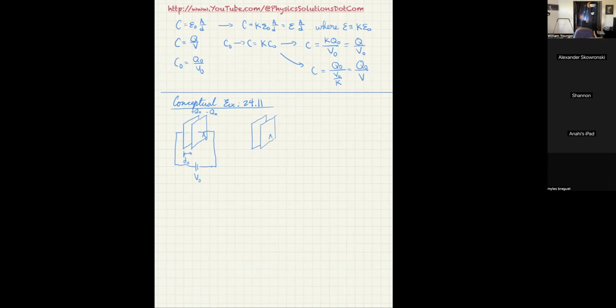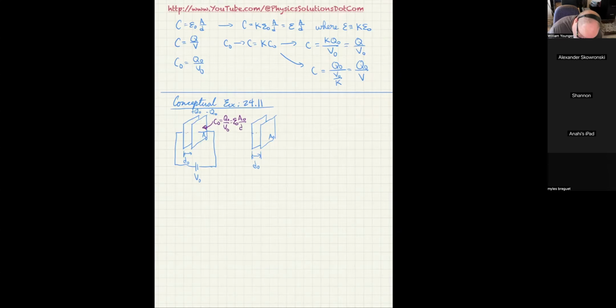So again, I still have A0, I still have D0, and in this case it says an air-filled capacitor of capacitance C0. So this one corresponds to C0 equals Q0 over V0, which equals epsilon 0 A0 over D0.